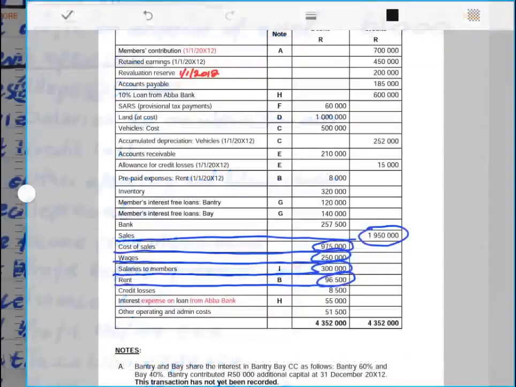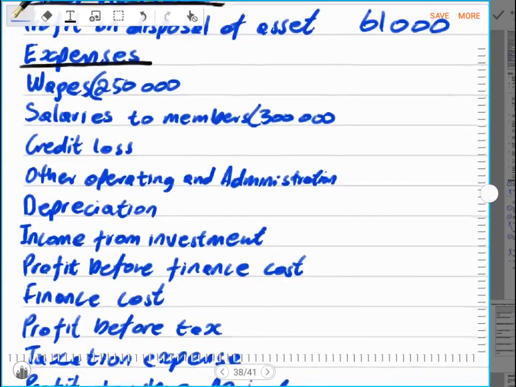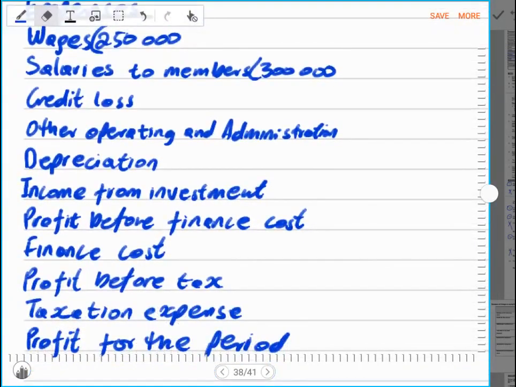So a rent expense will be 96,500 rands. I just forgot that. So now let me just make a provision for the rent expense. Let me just check for some space somewhere in between and put rent expense here.